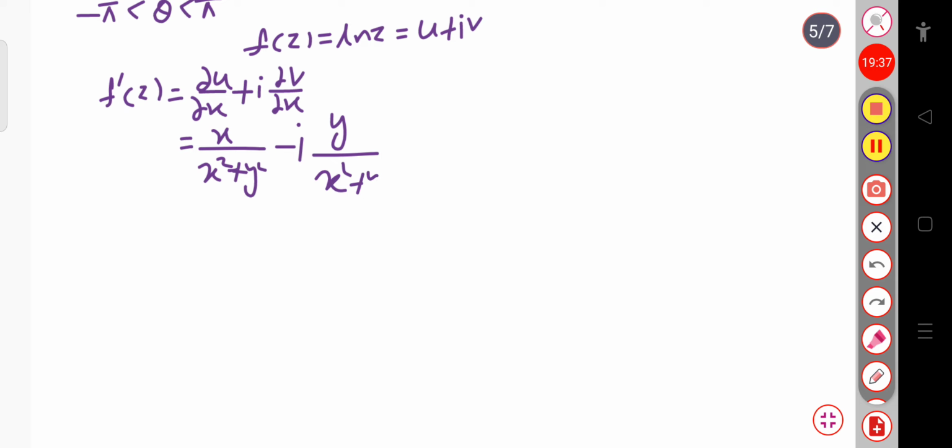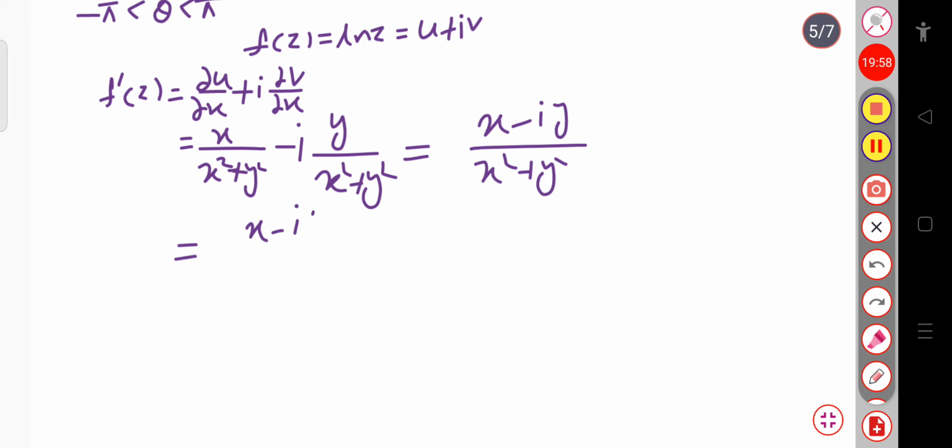Okay. If I solve this, this is equal to (x − iy) divided by x² + y². If I split the term x² + y², we can also write it as (x − iy) divided by (x + iy)(x − iy).